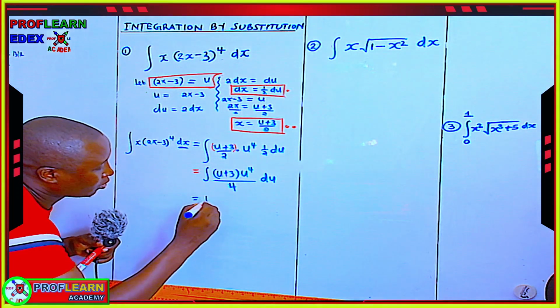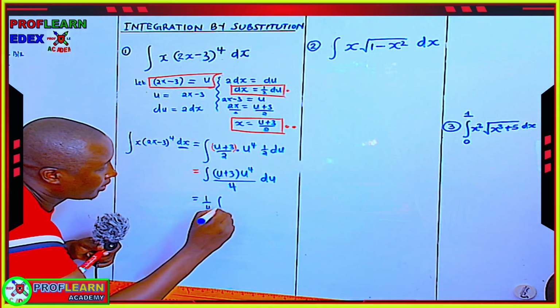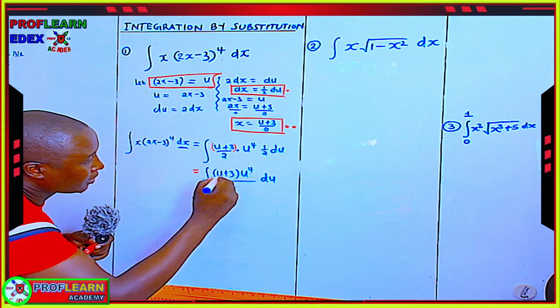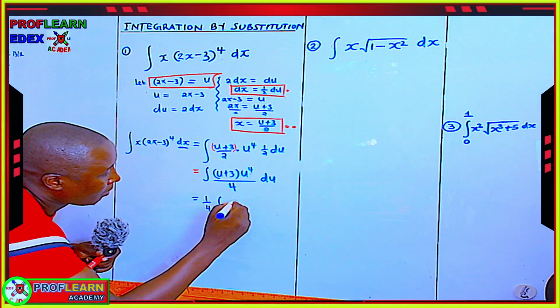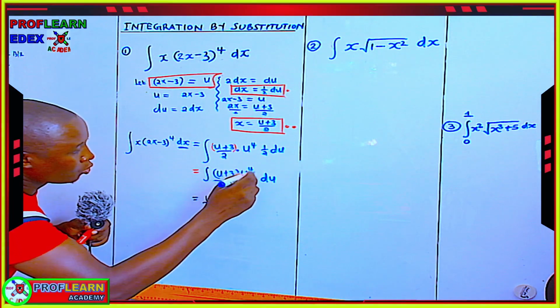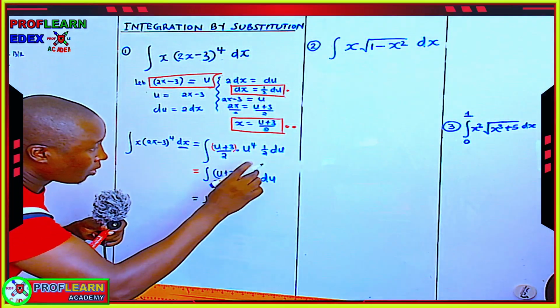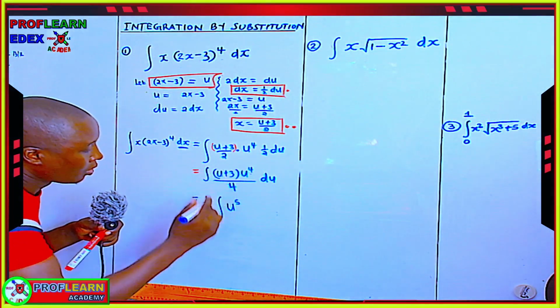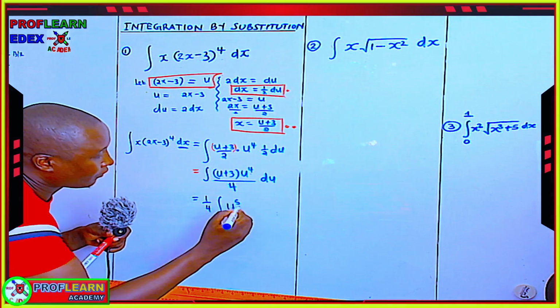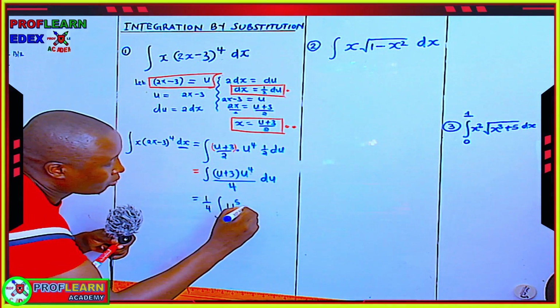Then we have plus c. Normally we include a constant. So this expression is going to be 1 over 24 u power 6 plus 3 over 20 u power 5, then plus c.